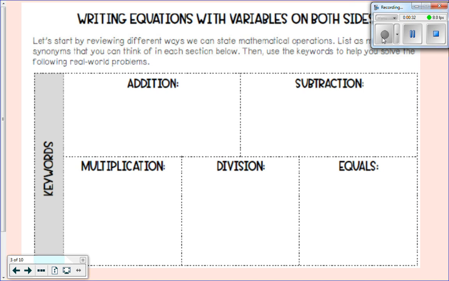So if we were reading a word problem, what are some words that stick out that you would say, hey, I would add? What are some words? Some. Total. Anything else? All together.